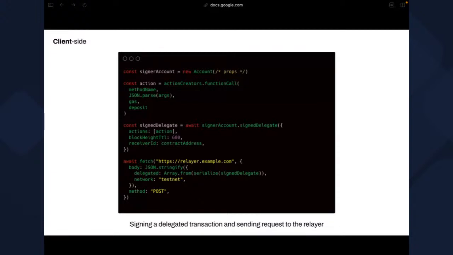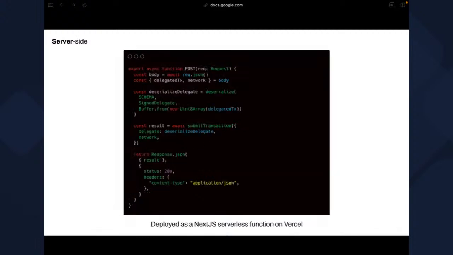This would result in a signed delegate transaction that then can be submitted in the form of HTTP requests to a relayer. And on the server side, this is just a Next.js serverless function deployed on Vercel, a simple HTTP server that receives this request, deserializes or unpacks the transaction, takes a look at it and sees, all right, do I want to submit this transaction or not?